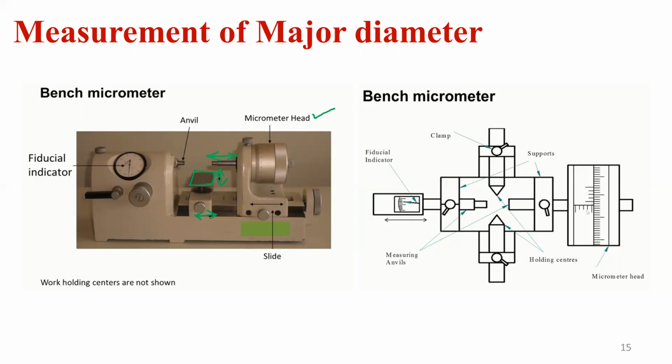At the left end of the bench micrometer, we have the anvil. This anvil can also be moved in and out. And inside there is a mechanism, and there is a fiducial indicator. So here on the table, we place the workpiece.